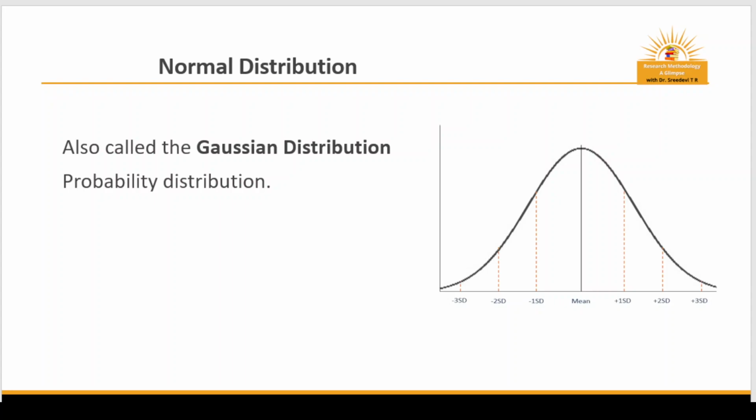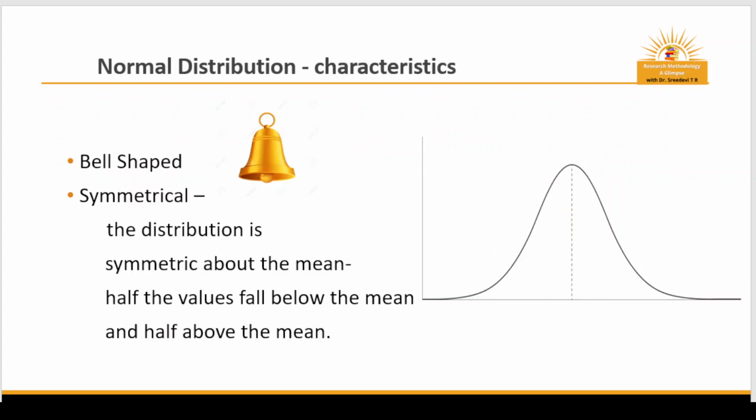Now, we will see some of the characteristics of normal distribution. A normal distribution curve is a bell-shaped curve, the shape of a bell. This is because most of the values lie at the center and fewer values lie at the tail extremities.